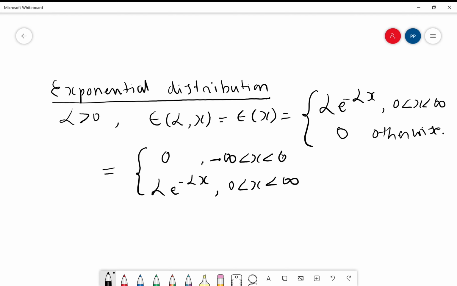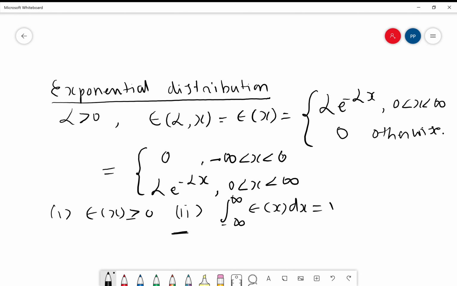That means this function satisfies the condition that it is non-negative, and the integral from minus infinity to plus infinity of that function epsilon of x is equal to 1. If you want, you can check it. A very simple integral which I leave as an exercise.